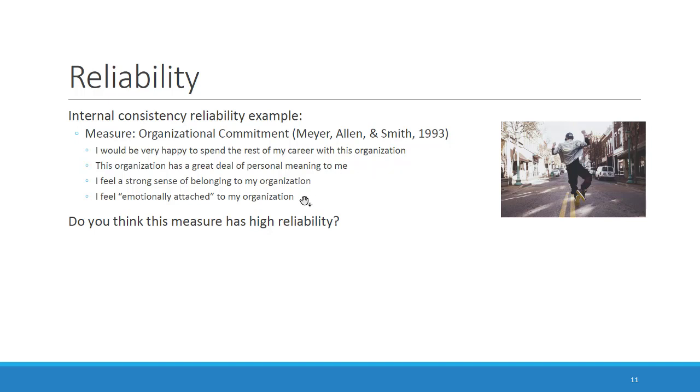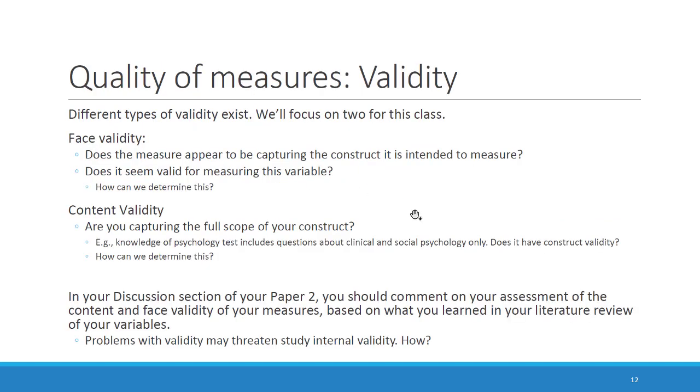It does, to me, look like it's measuring what we know organizational commitment is. So to determine this, we learn about the variable and we take a look at it, and we think about whether or not it seems valid or accurate for capturing that particular construct.